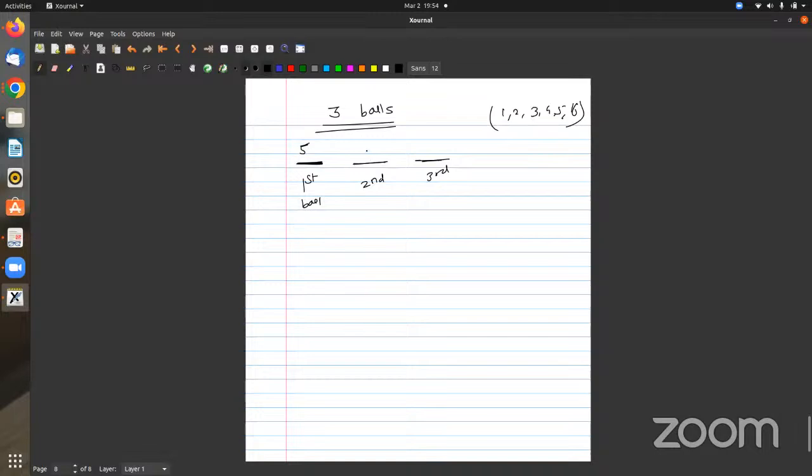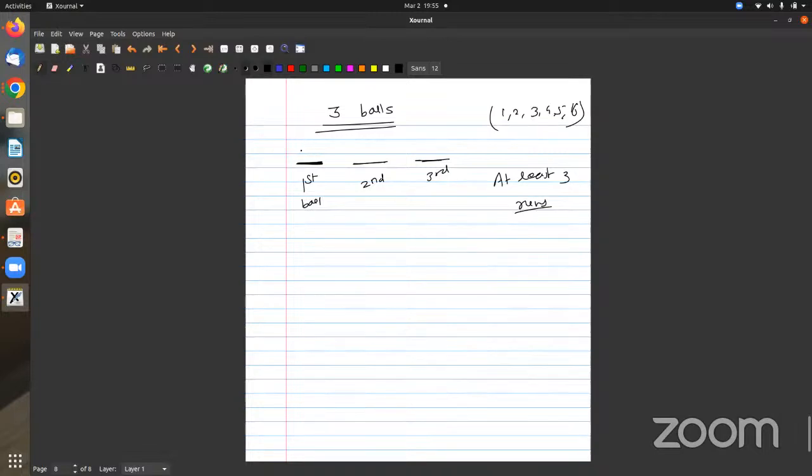Or if he scored 3 runs here, this 3 runs does not depend on the 5 runs he scored in the first ball. That is what we wanted to say. And he has to score at least one 3 run in one of the balls. It means that repetitions are allowed. Yes, repetitions are allowed.